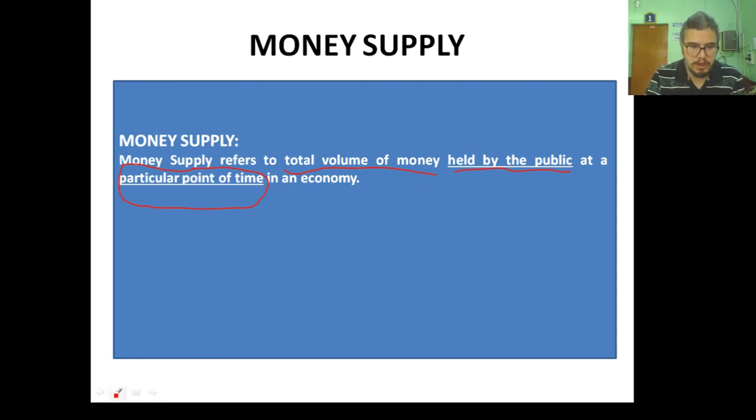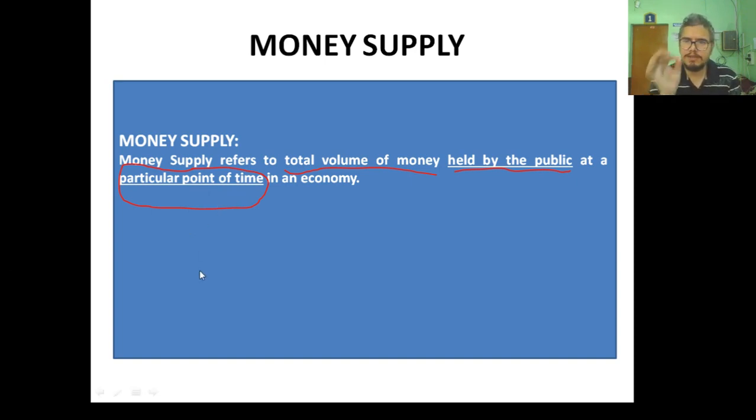Here money supply simply means the total amount of money that is in circulation. Total amount of money which is held by the public, either in the form of cash or in the form of deposits with the bank, which we will discuss later in details, at a particular point of time. Now we need to understand what the term point of time means.